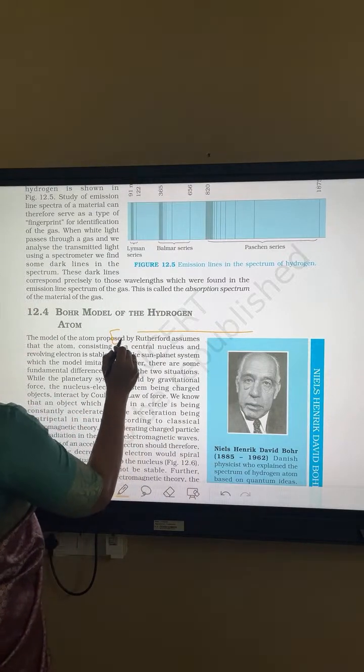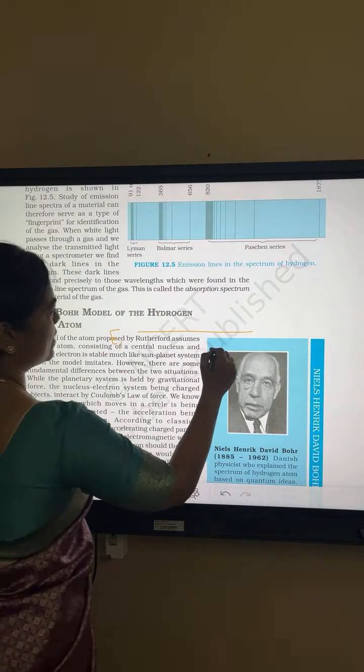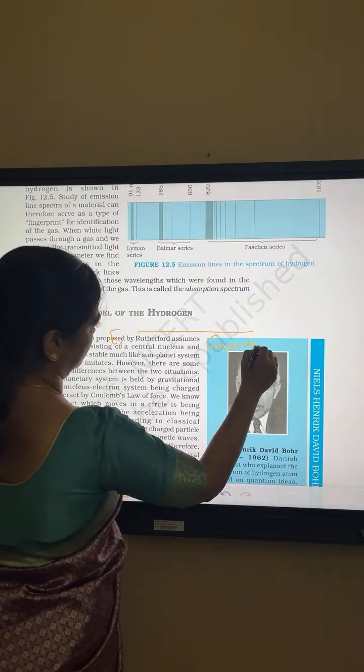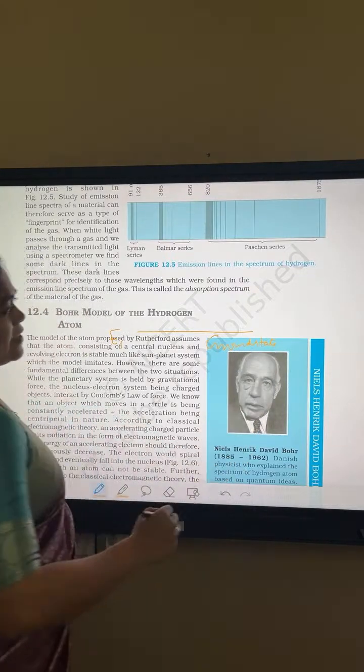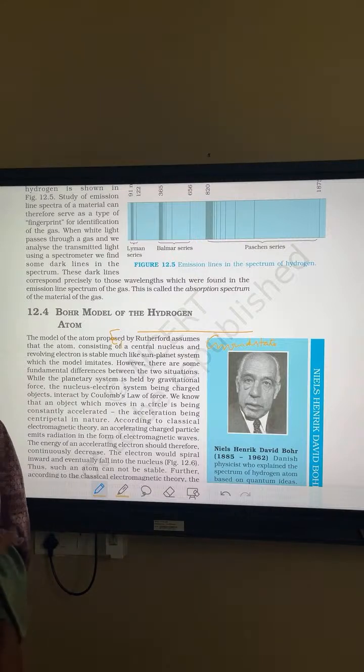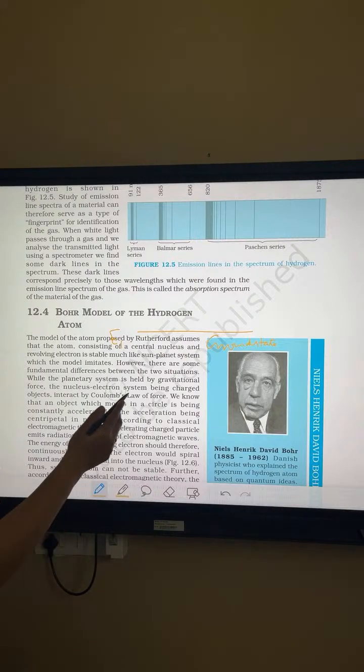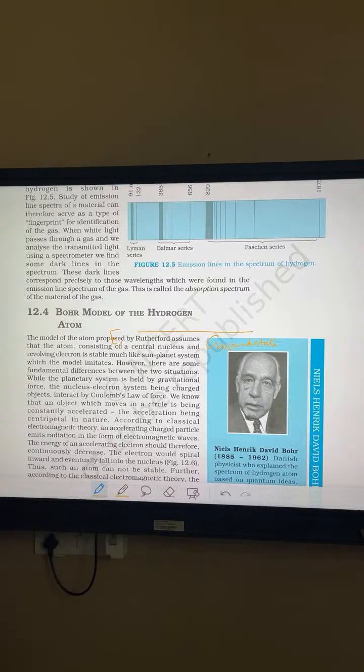There is a ground state energy. So what is the ground state of an atom? I am literally bored of explaining all this again and again. What is the ground state? The atom which is having its own orbits. For example, suppose you are considering any one atom, for example a gold atom.